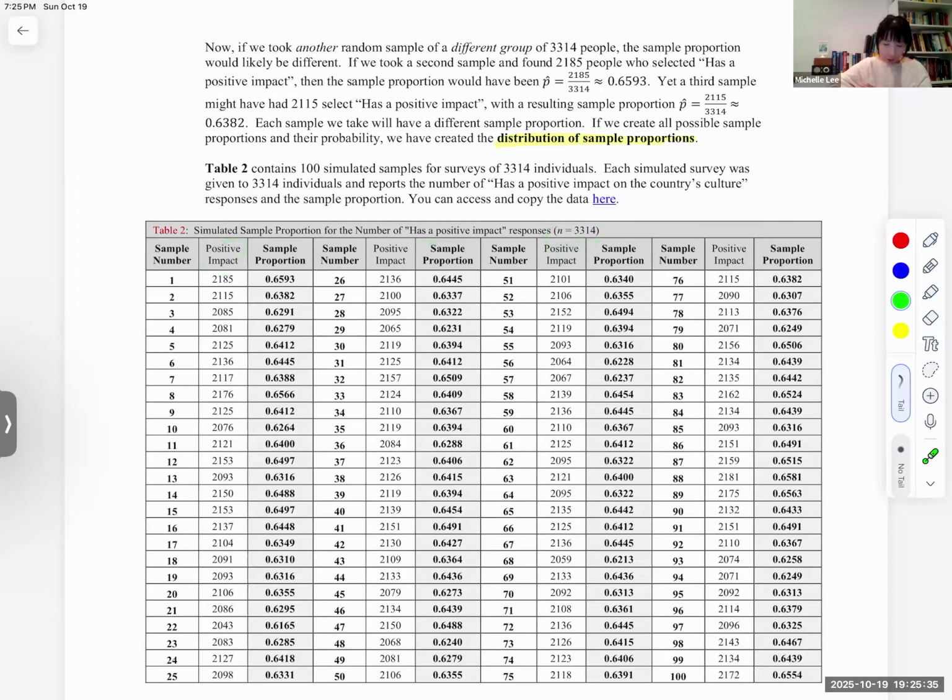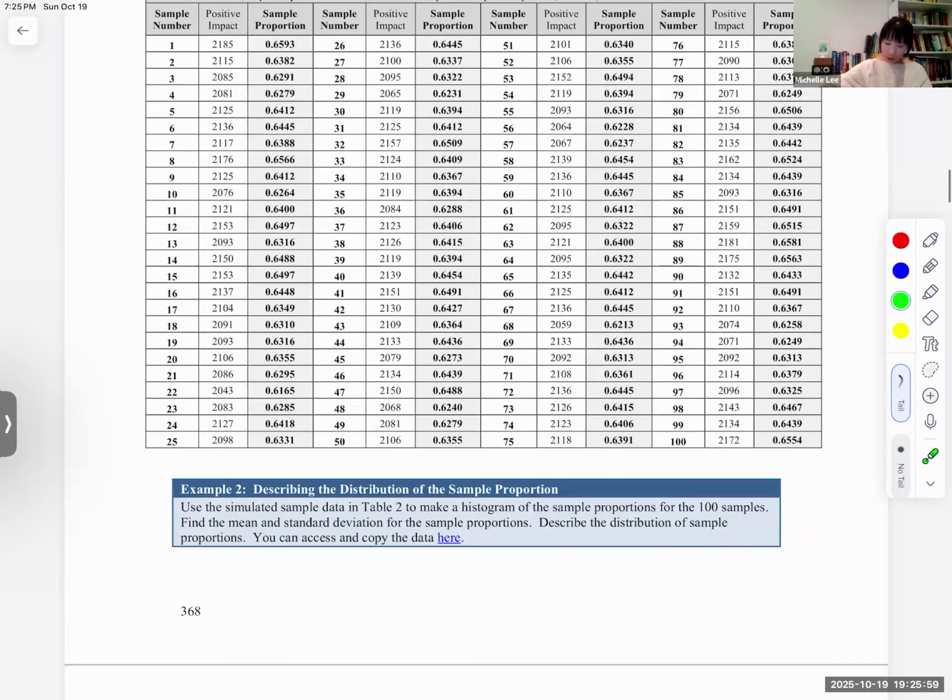Can you see that they have all different numbers here? Then if we make a sample proportion, the values are all different. So we have 100 of them here too. This is a sampling distribution of a sample proportion. Make sense?